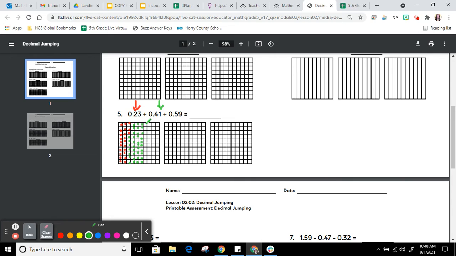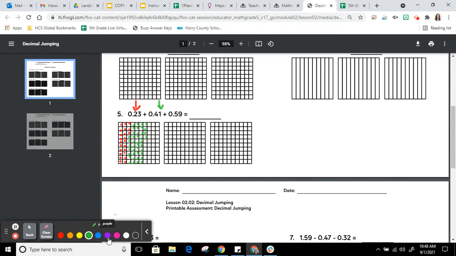We need to get to 41: 38, 39, 40, 41. So now I've got 41 green squares, which represents 41 hundredths.